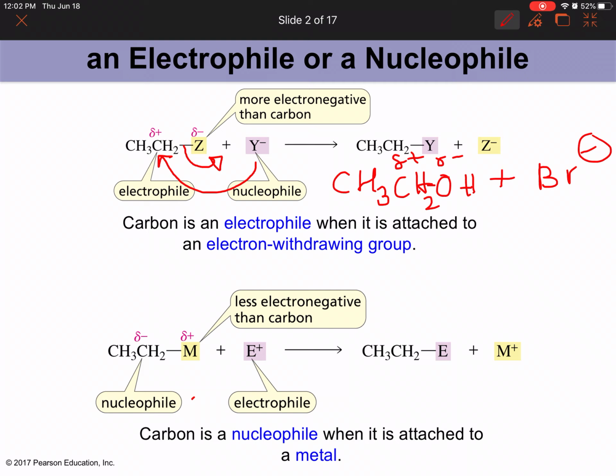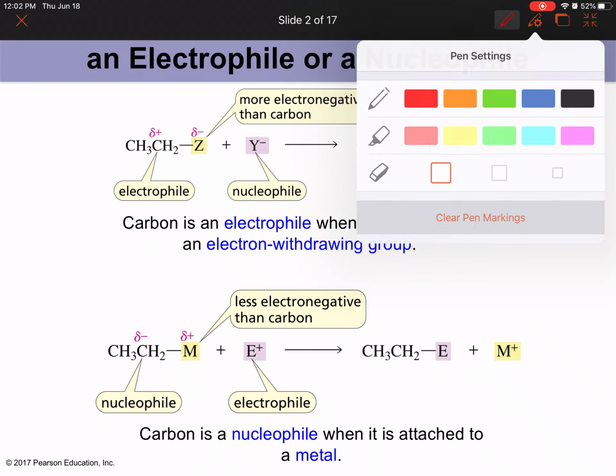So carbon is acting as an electrophile. Same thing: we can protonate this to make it a good leaving group, but oxygen is still electronegative compared to carbon, and then the bromide comes here and leaves oxygen as a water molecule. So carbon is an electrophile in our previous chapter.